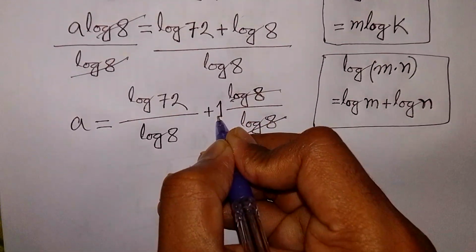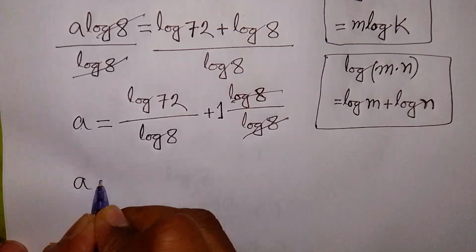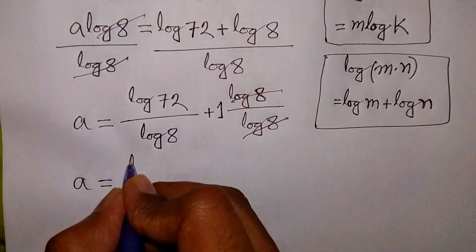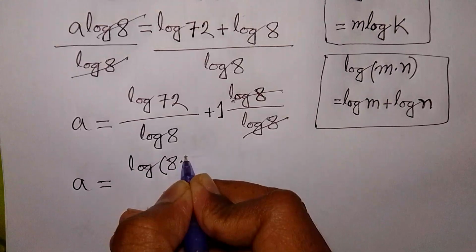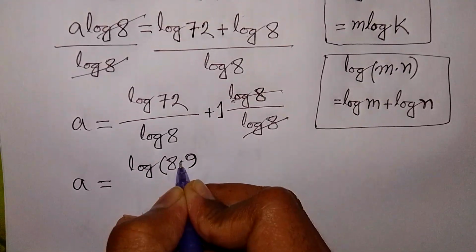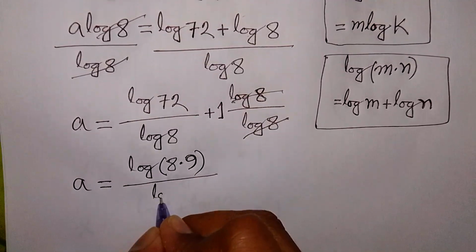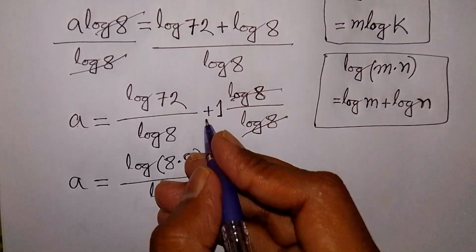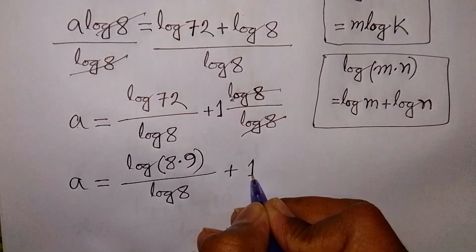Here 1. Next step, a will be equal to log 72 is same as log of 8 times 9 over log 8. Then here plus 1.